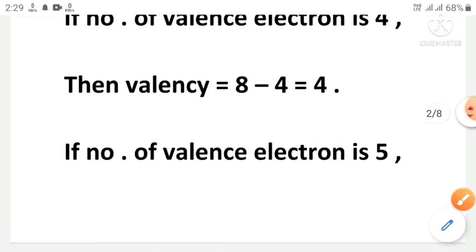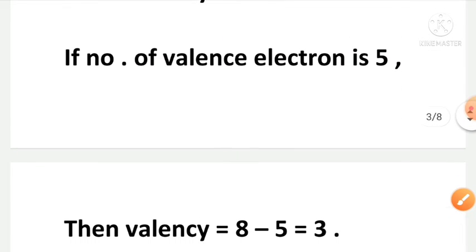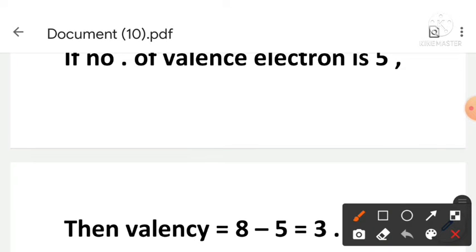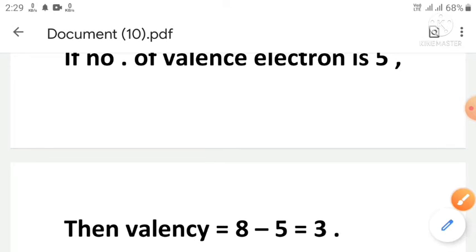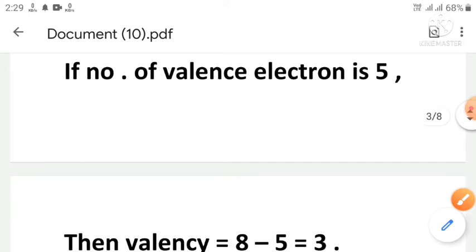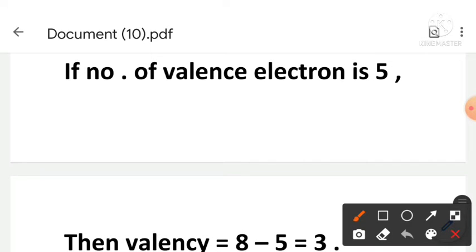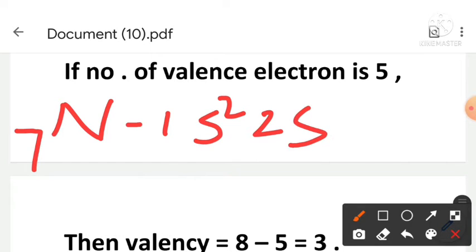Now we see the next condition. If the number of valence electrons is 5, then valency is 3. Now we derive it. If we take the example of the nitrogen element, its electronic configuration is 1s2, 2s2, 2p3.